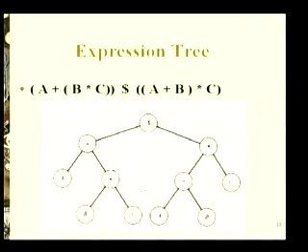You are traveling this particular tree in in-order, and when you travel it by in-order traversal, you get the resultant expression. It's a test for you: take note of this particular tree and try to arrive at the expression shown above.